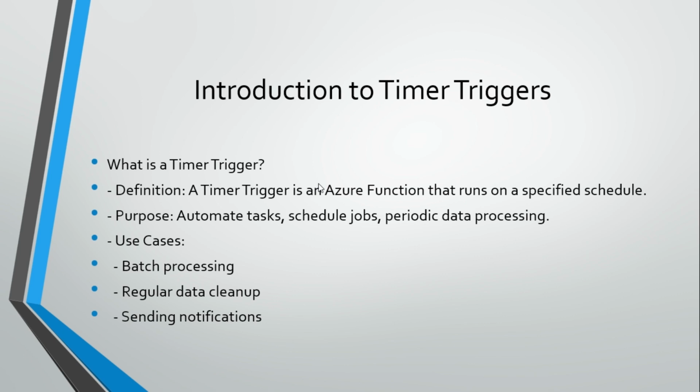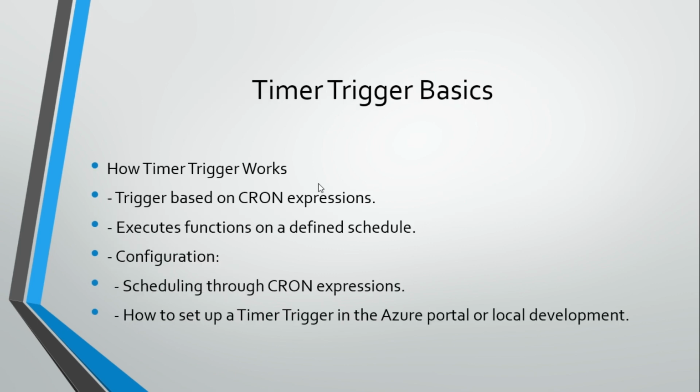If you want to run any batch processing or regular data cleanup, for example, a job which cleans up some kind of data, or sending notifications, like email notifications or some kind of notification which you want to send every day or at every predefined time interval, in these kinds of scenarios we can use it. So as we discussed, we can use it for batch processing, regular data cleanup, and sending any kind of notification.